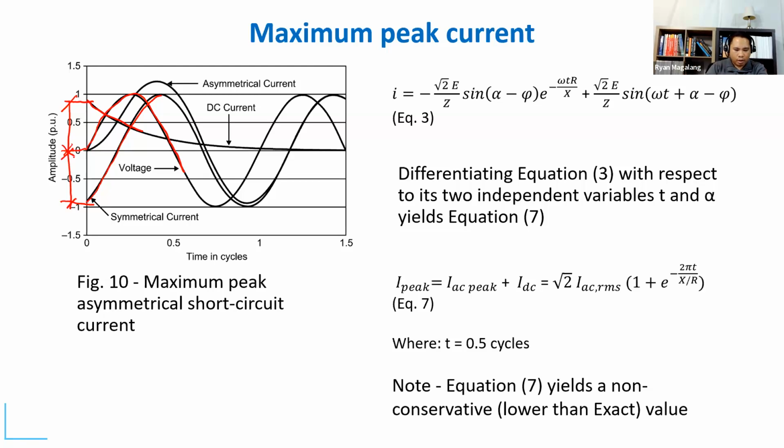So that's why your current offsets upwards. And as you can see, as this one decreases, the value of the decaying DC also decreases in the same manner.